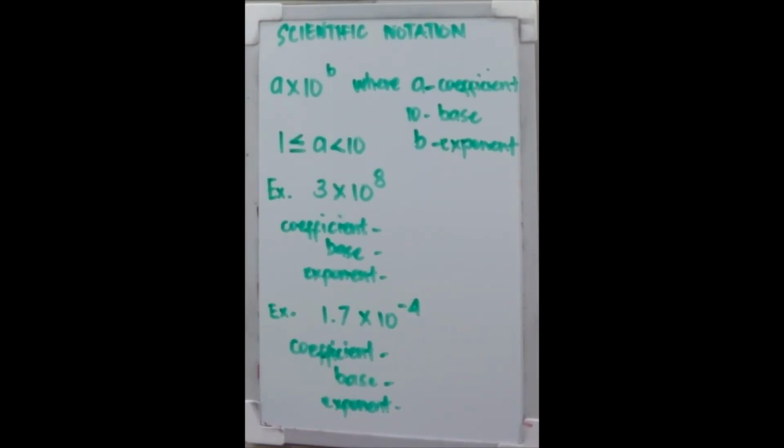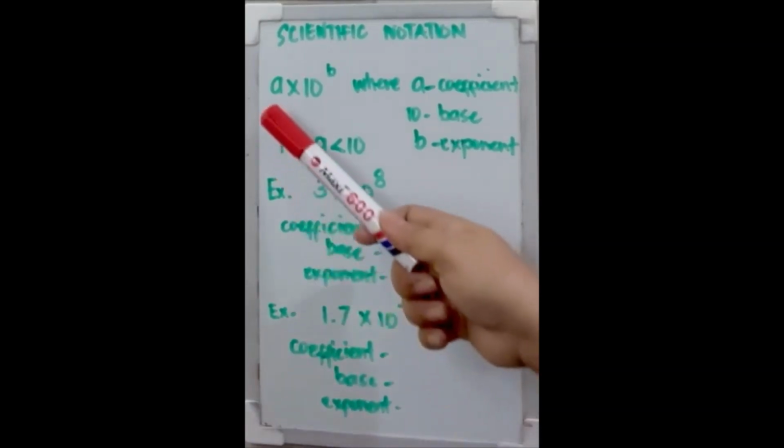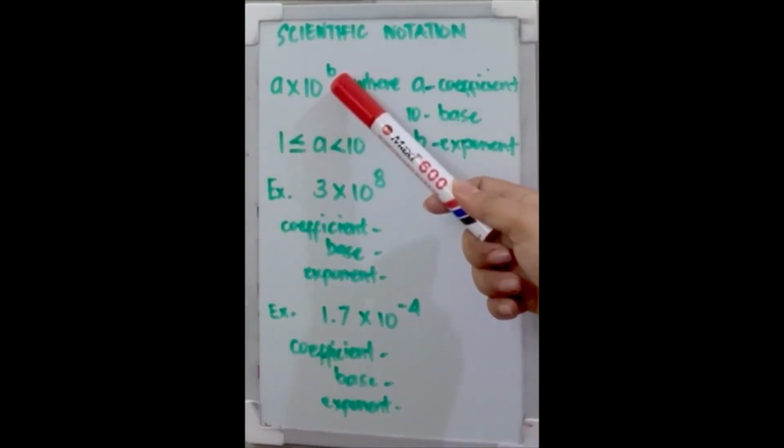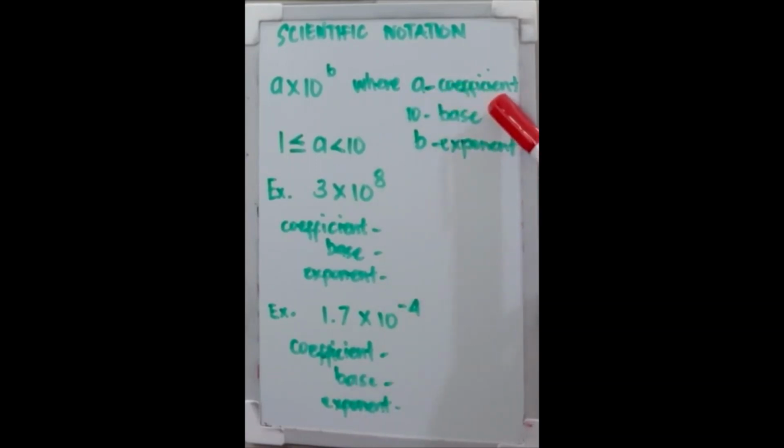Scientific notation is like a shorthand for expressing very large or very small numbers, and it always goes with this format: a times 10 raised to b, where a is the coefficient, 10 is the base, and b is the exponent.